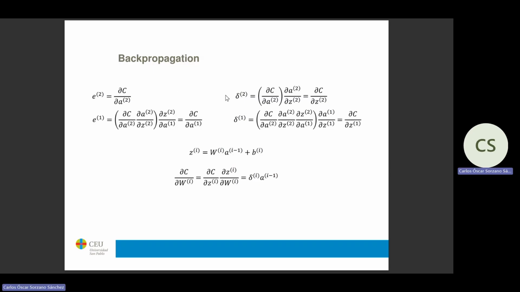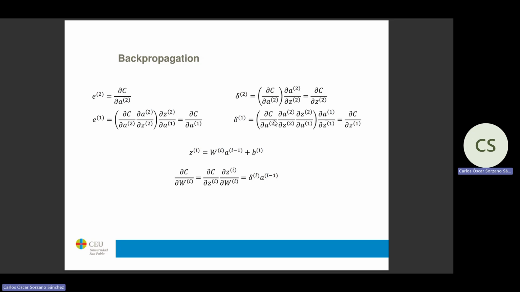And then let's call delta the derivatives of the cost with respect to Z. So it is the derivative of the cost with respect to the activation, and then the activation with respect to the combination. And here it is again the chain rule, but now a little bit longer. We have to go one layer more.